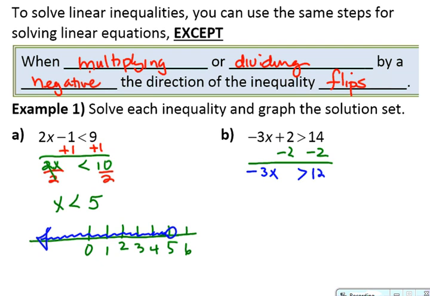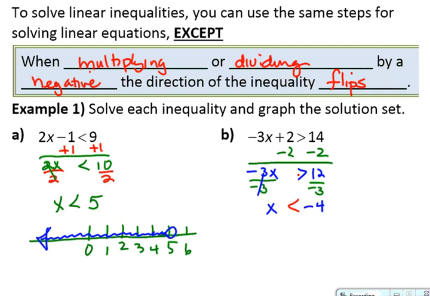But now I'm going to solve it by dividing by negative 3. And when I divide by a negative, I'm going to flip the direction of this inequality right here. So this is going to flip and go that direction. I will then have x is less than negative 4.